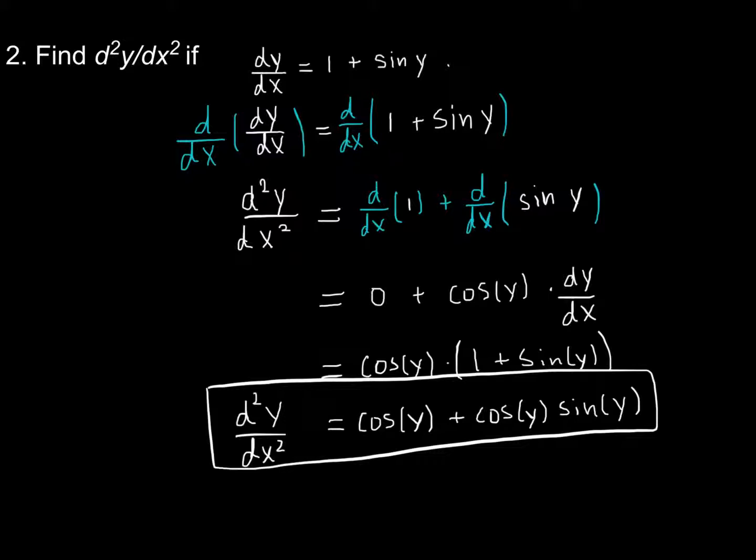So another way that this might be written is, and I'm talking about this portion here, if I have cosine of y times the derivative of this inside, the derivative of y with respect to x, another way of writing that is, as we've spoken about before, y prime. Okay, so this means the same thing as dy/dx, and similarly I could write y double prime for the second derivative.